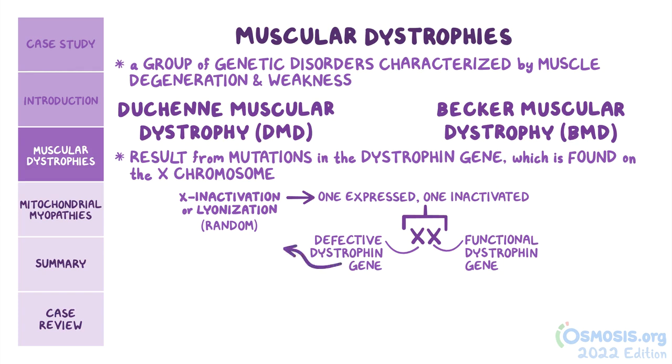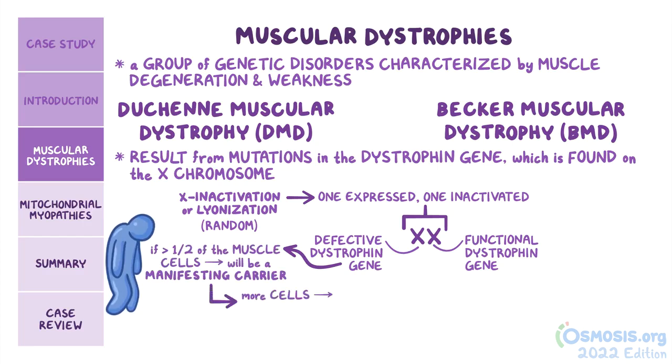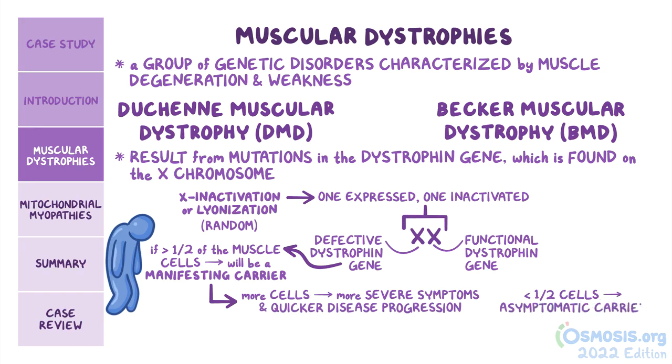If this is the case for more than half of the muscle cells, they will be a manifesting carrier who will develop symptoms. People with more cells with the active mutated X chromosome will have more severe symptoms and quicker disease progression. If less than half of their cells have the active mutated X chromosome, they'll be an asymptomatic carrier and won't develop symptoms.